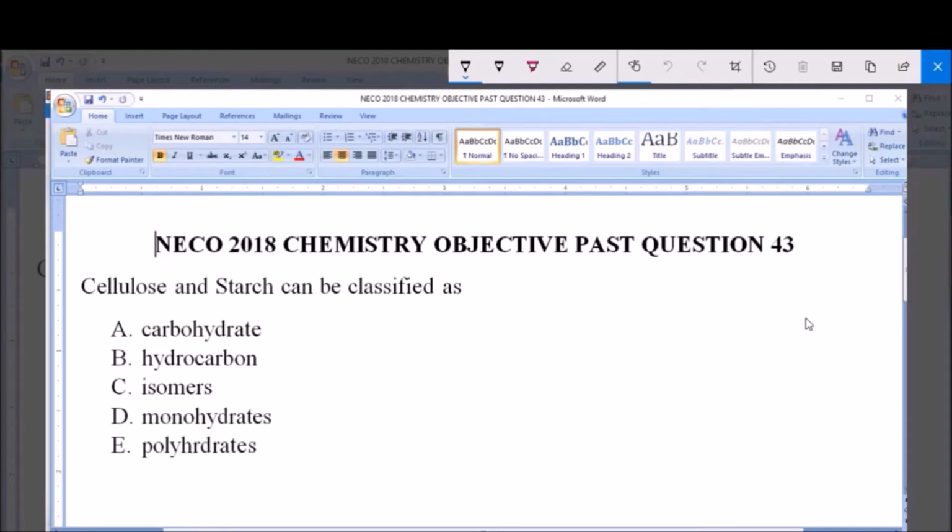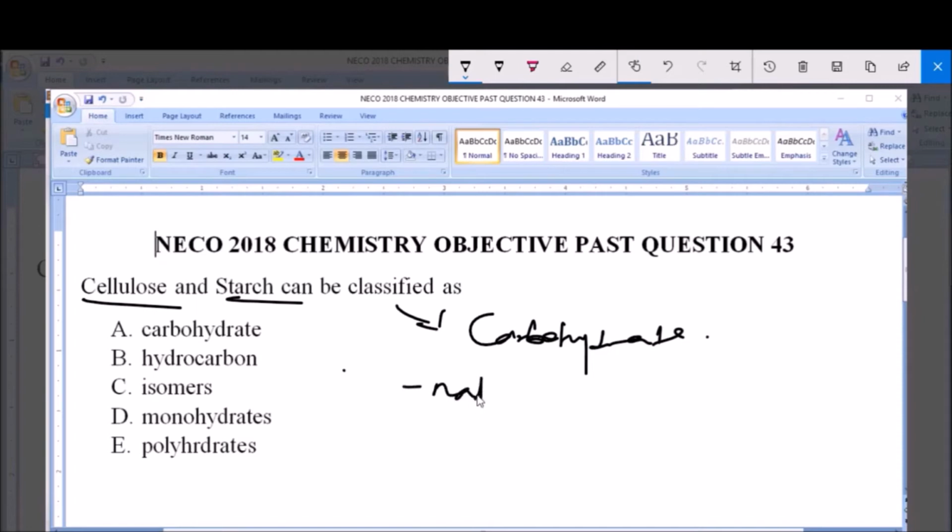So cellulose and starch actually can be classified as carbohydrates. This is the reason: cellulose and starch are naturally occurring organic compounds.